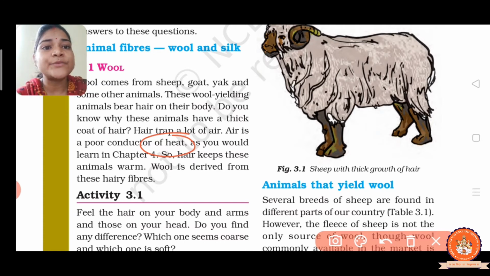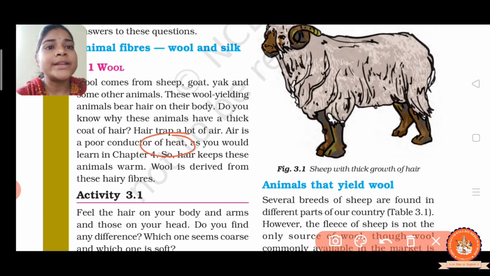Wool traps a lot of air, and air is a poor conductor of heat, right? This air prevents the loss of heat from our body. That's why we feel warm in cool surroundings, right?